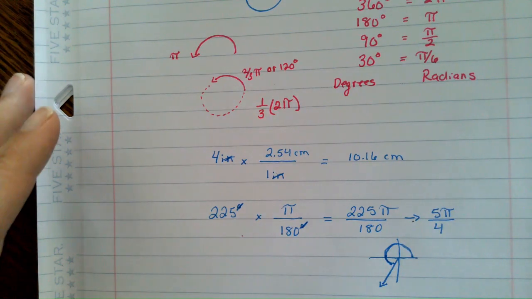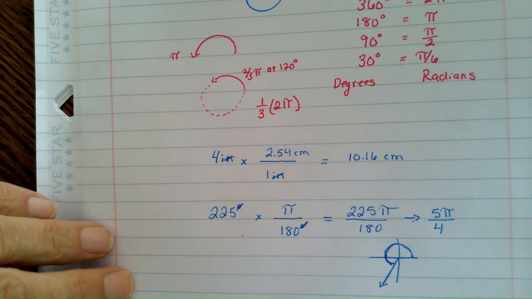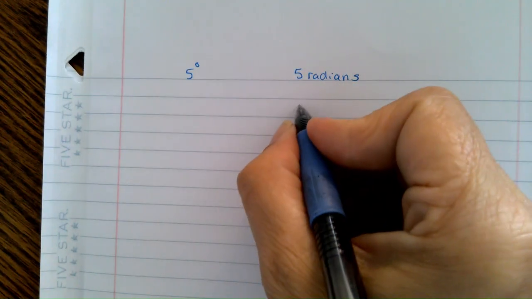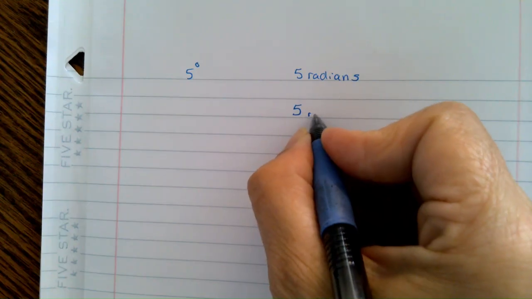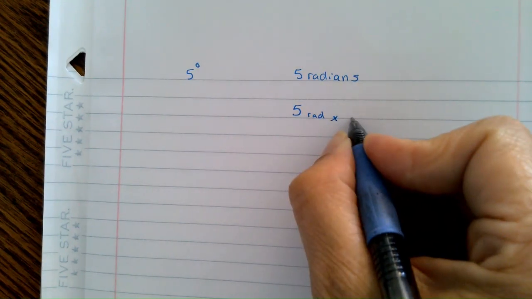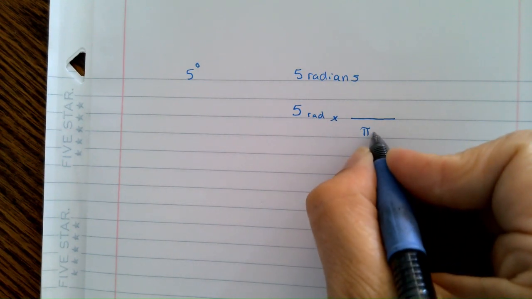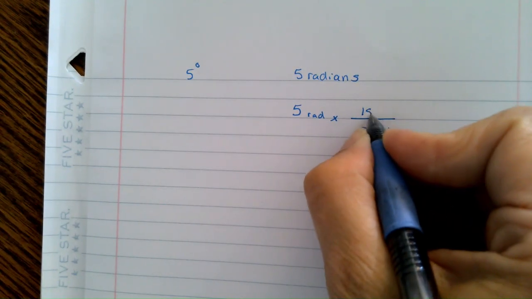So just out of curiosity, a few moments ago, I said 5 radians versus 5 degrees. Now we know 5 degrees is a very small term, but what is 5 radians in degrees? Okay. Ooh, hey, refocus. Okay. 5 radians. Well, we know that pi radians is 180 degrees.